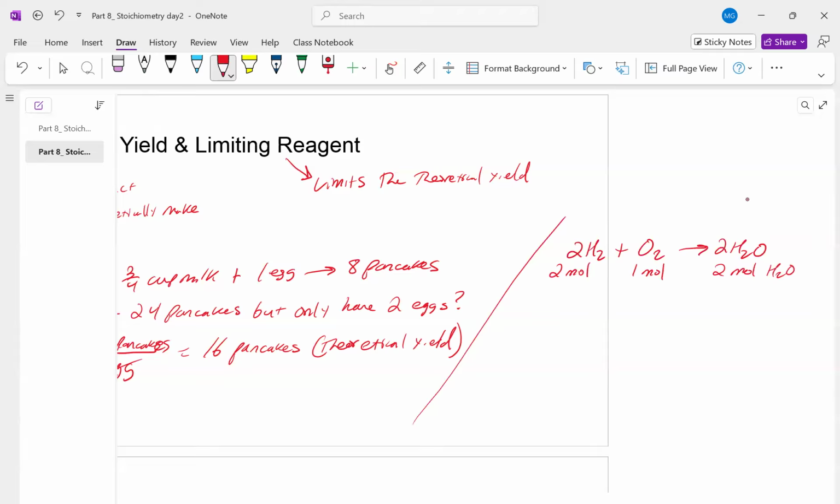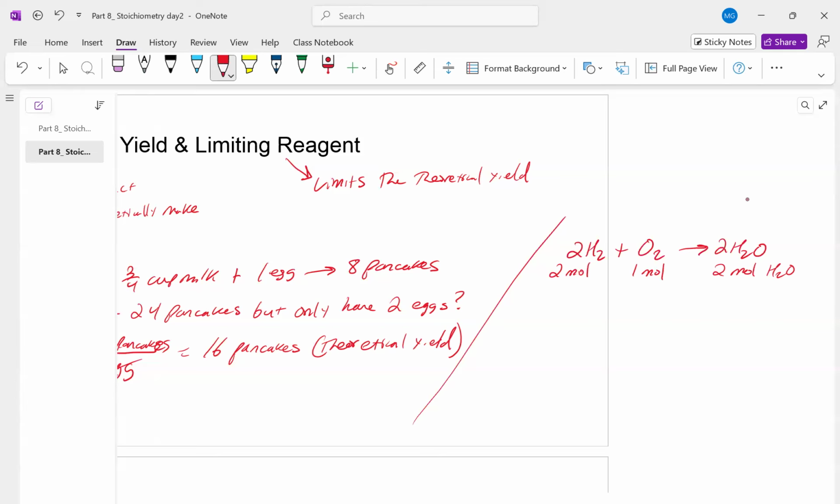Now, if I only have half a mole of oxygen, I can't make 2 moles of water. Or let's say I have the 1 mole of oxygen, but I only have 1 mole of hydrogen. I can't make that whole 2 moles of water that I want to.